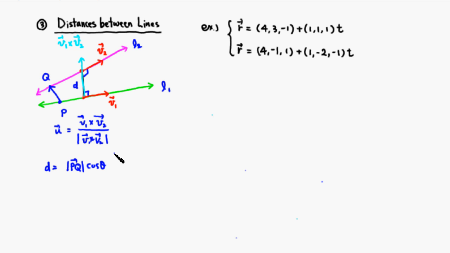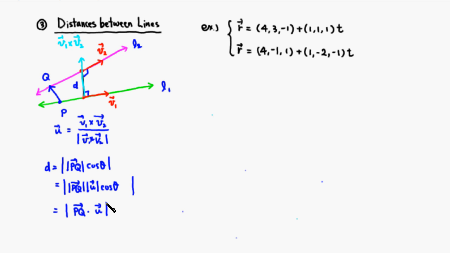Again, we take the absolute value, and we can squeeze in the absolute value of u, because it's a unit vector with length 1 anyway. So this is just a dot product, PQ dotted with u. That's how you find the distance d.